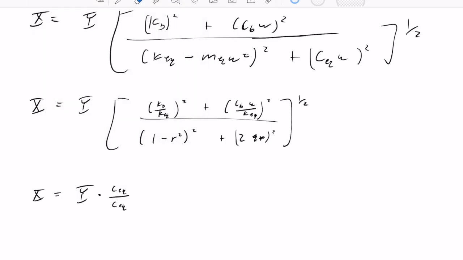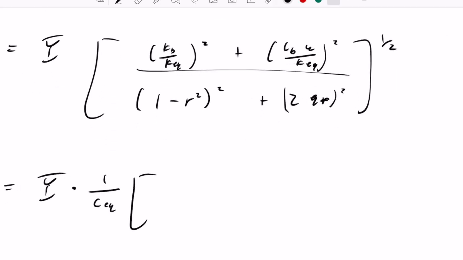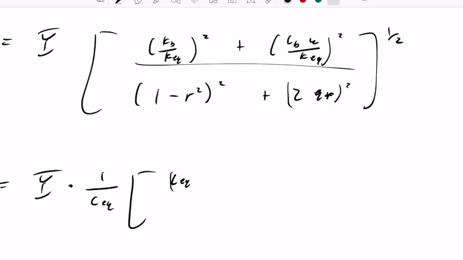To save myself some writing, let's put that CEQ in here. We end up with CEQ squared times K, oh, I might as well just put it all together.